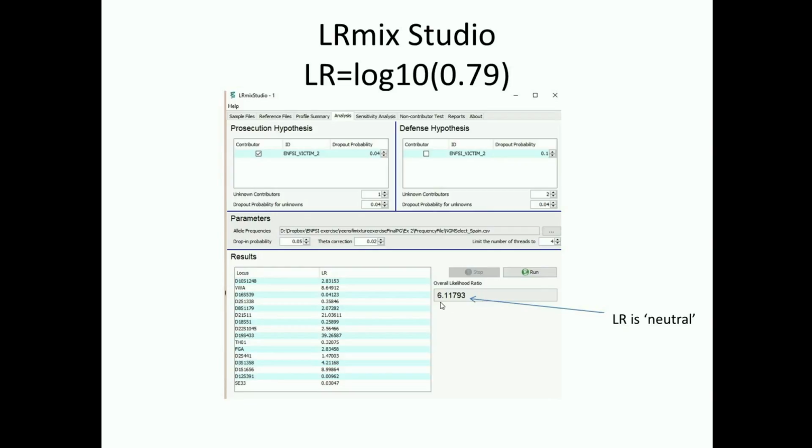Likelihood ratio is 6. So that is a very great difference between EuroForMix Studio and EFM. So EFM is clearly giving us the more efficient model, and it illustrates once again that EuroForMix Studio does not work as efficiently if we are not able to condition on a major contributor to the profile.